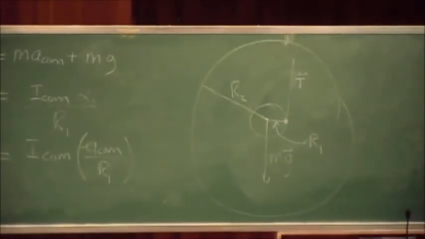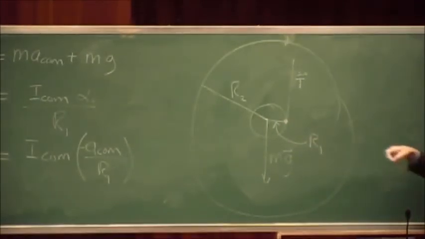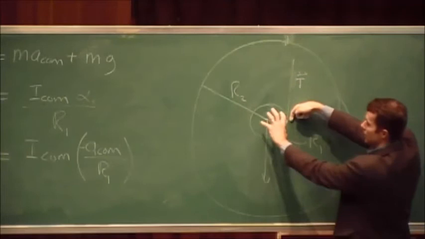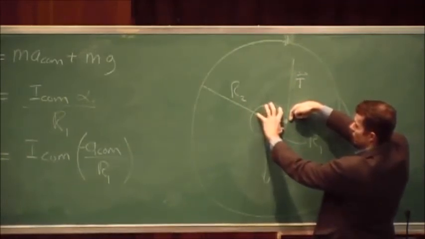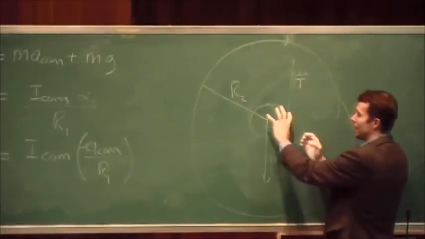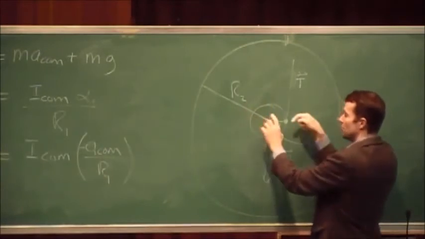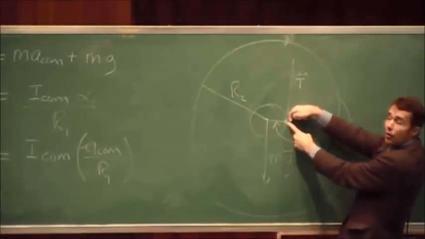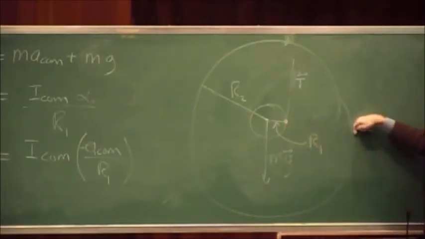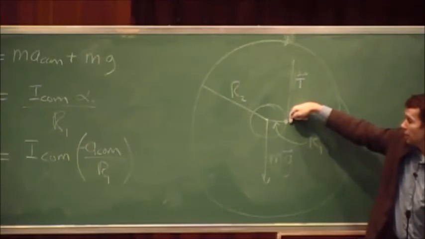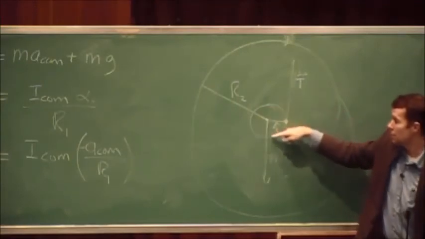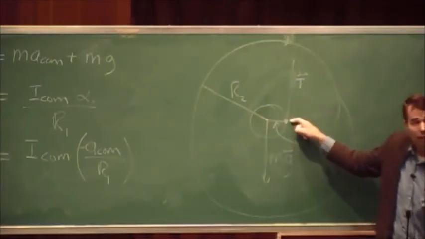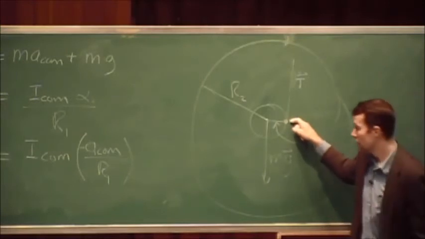So that string is being held at this point, and this whole system is rotating about this point. It's not being rotated about a point at the edge of the disk. It's being rotated around a point that is this distance right here. All right?